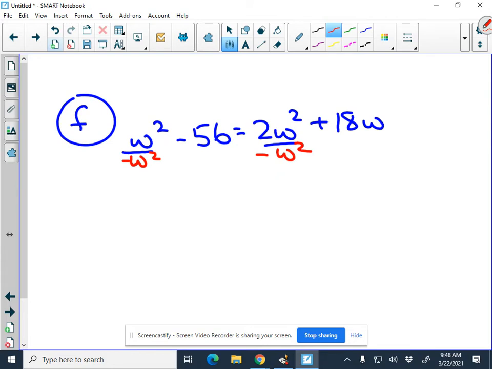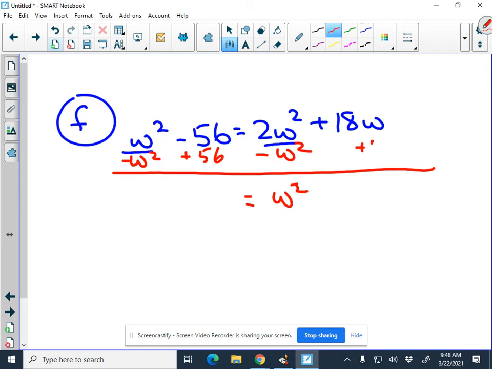Okay? So I subtract them. Now over here, what that's going to get when I put those together is just a w squared. You might say, why didn't you move the 2? You've always moved the other one because I want the w squared to be positive. Okay? All right? I'm going to add 56. And that gets me 0.